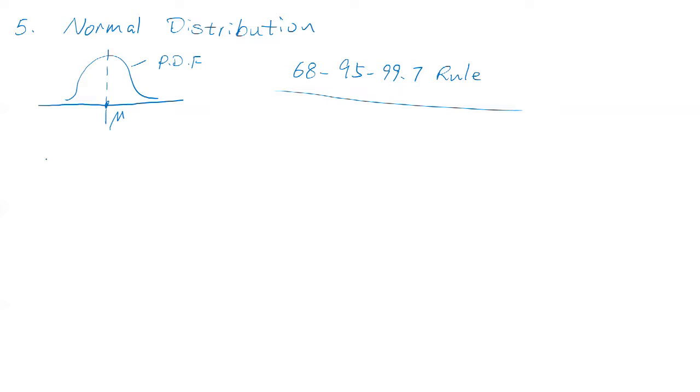Also, if X follows a normal distribution with two parameters, mu and sigma squared, then we can convert any general normal distribution by (X minus mu) divided by sigma.